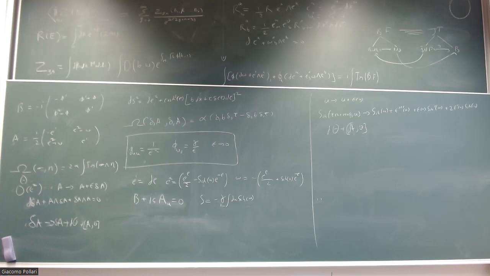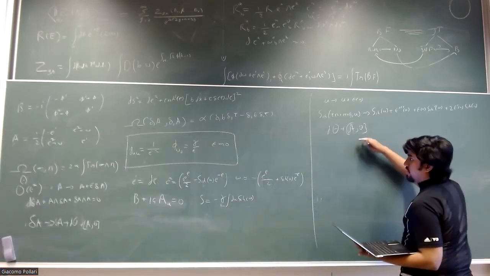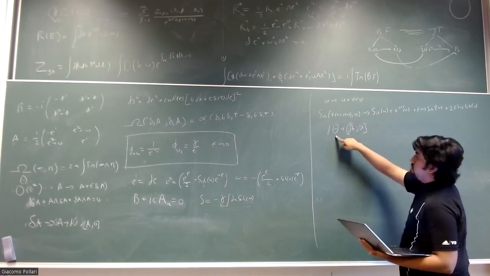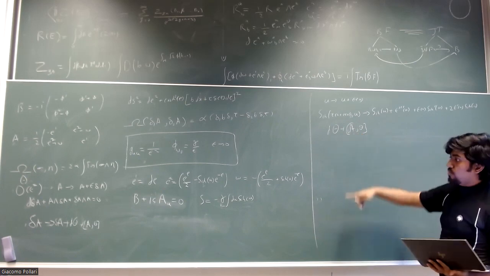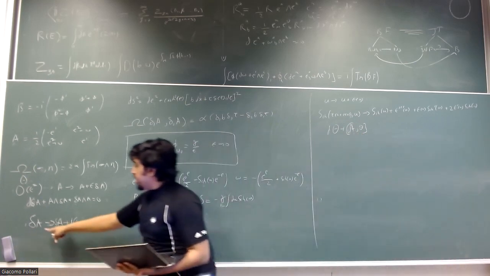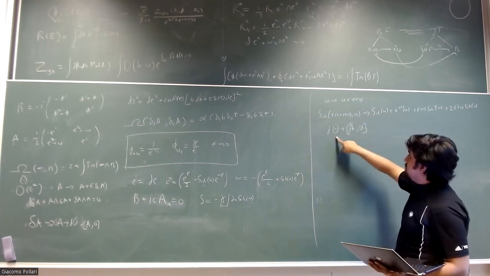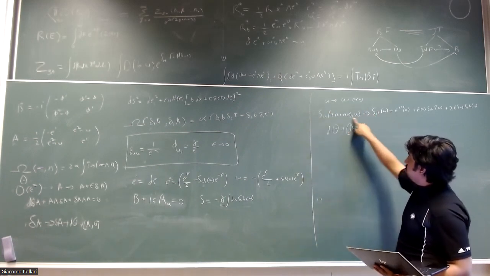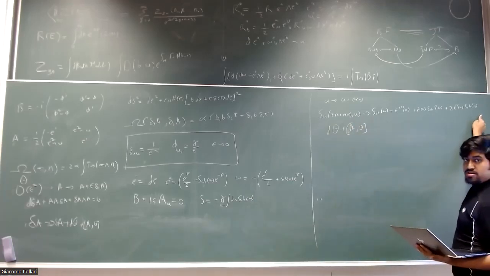The gauge transformation should be such that whatever the matrix elements of theta that I have here, if delta A is the transformation induced by something like this, theta should be such that this term should give you this kind of expansion.